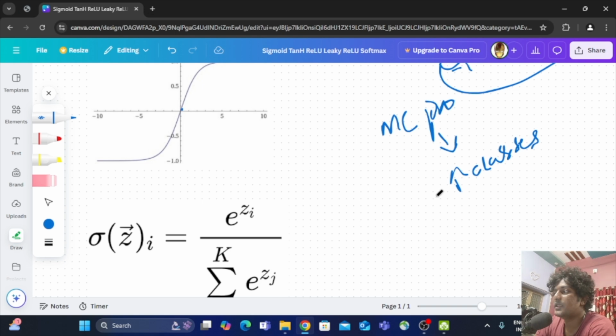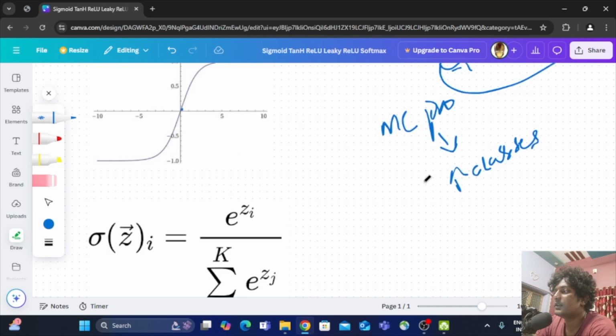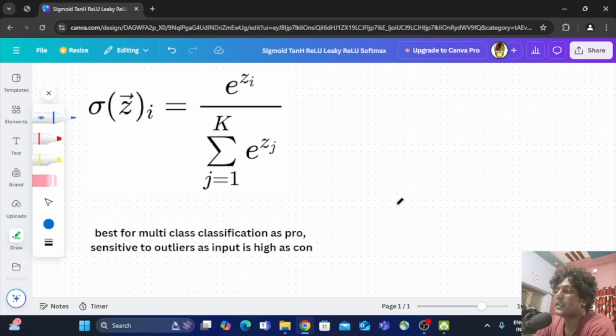We have so many classes as output in multi-class classification problems, so it gives the probability. Whichever class has the highest probability, it gives that class as the output. So we can see it goes from one class to every class input.